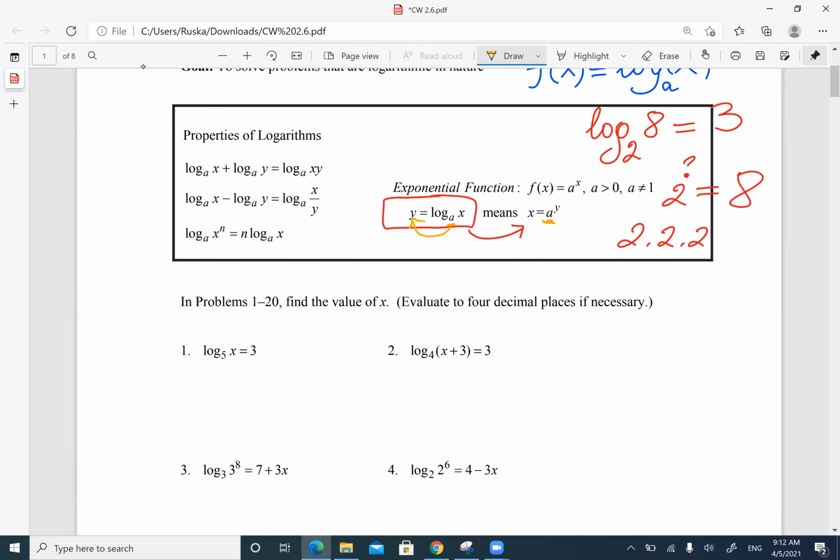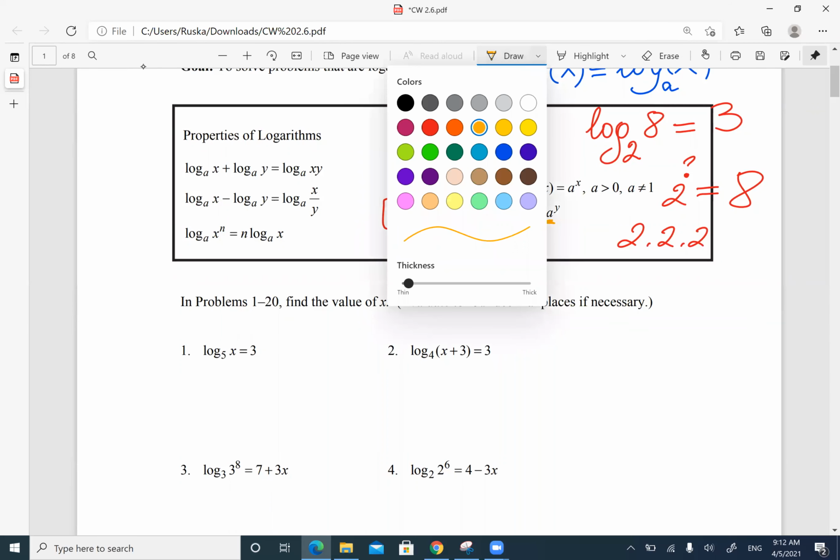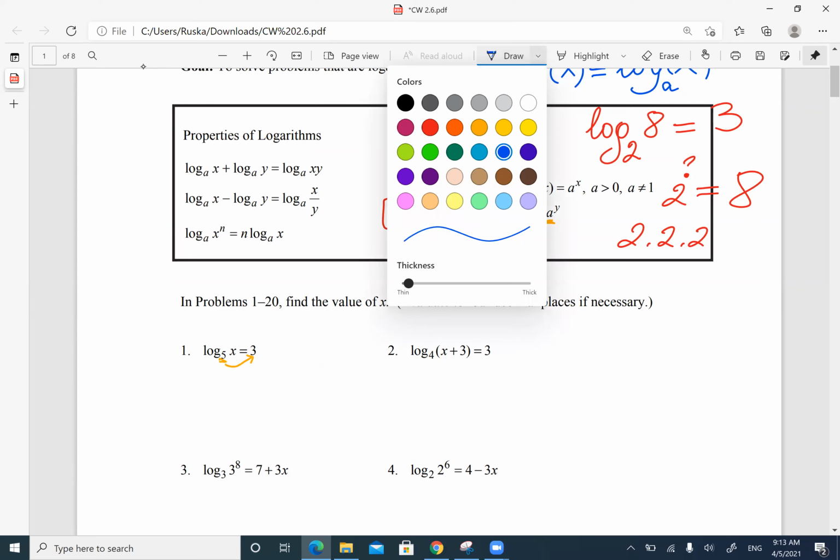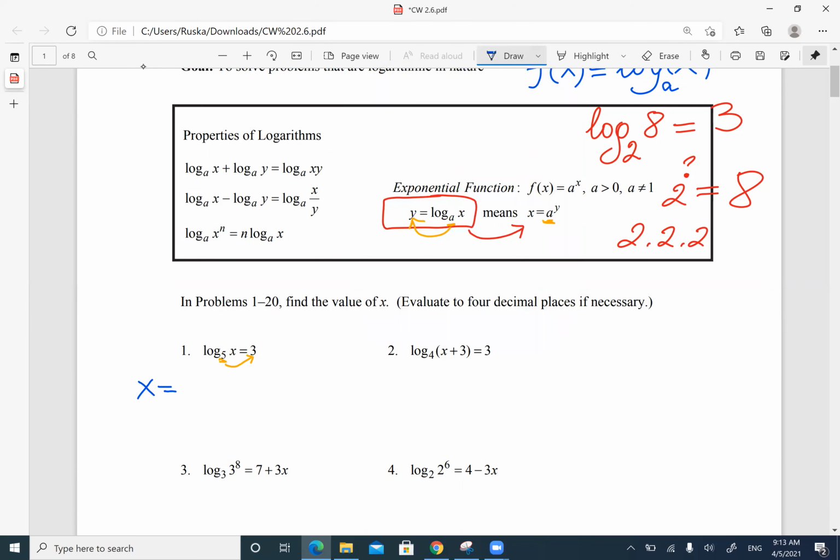Let's do an example to see how that works. If I have logarithm with base 5 of x equals 3, we're going to solve this equation by switching it. So x equals 5 with exponent 3. What is 5 cubed? 5 times 5 times 5.